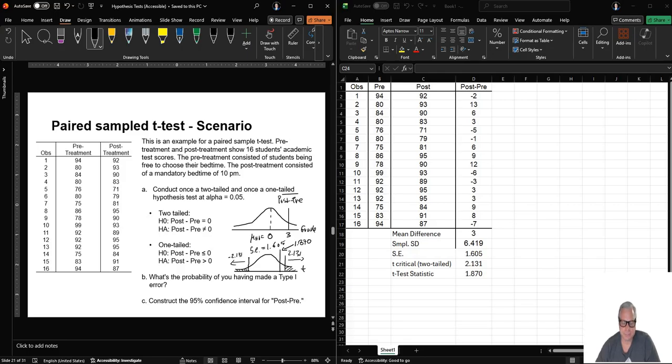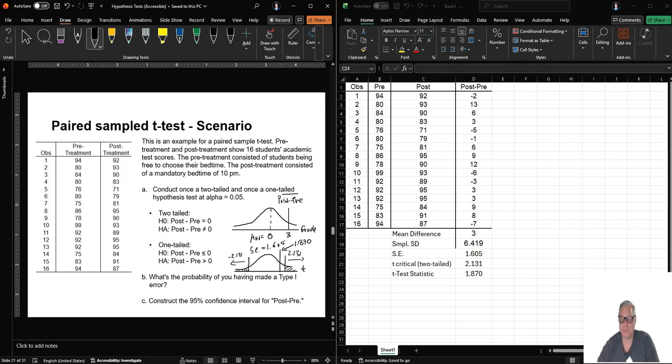And if that probability is less than 5%, well, it could be that there's really no difference between the post and the pre-treatment, but the probability seems to be so unlikely that I reject the null hypothesis.